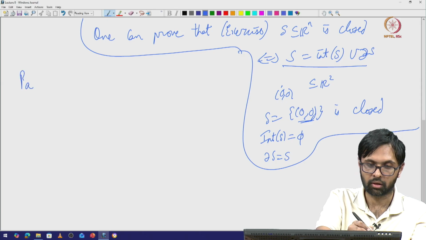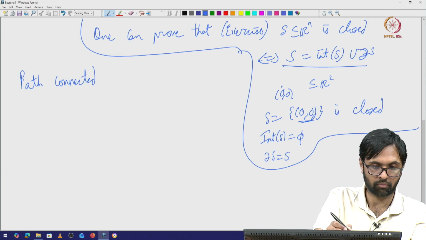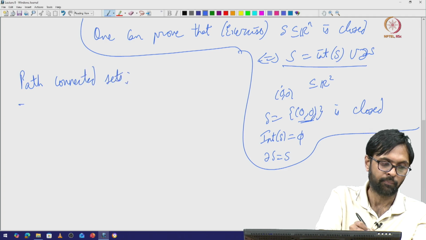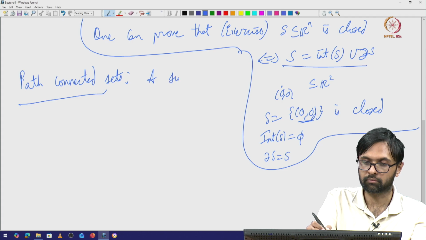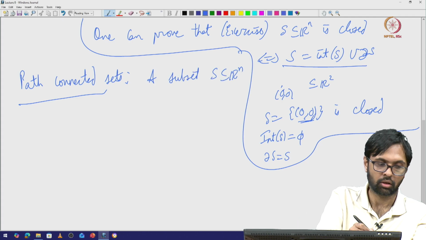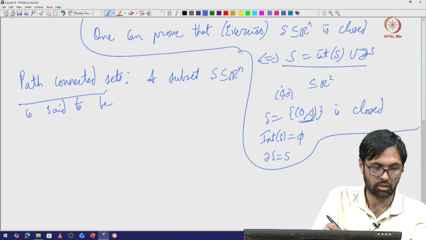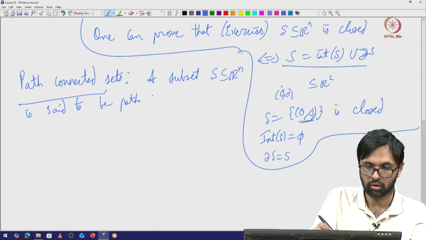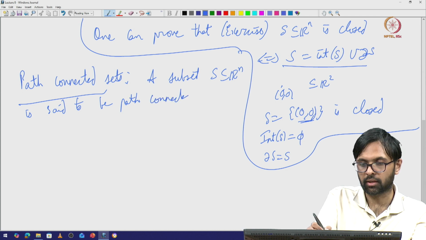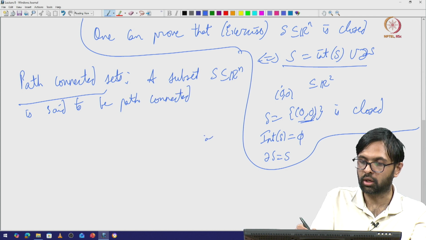So path connected sets. A subset S of R^n is said to be path connected if, as the name suggests, there is a continuous path from a point within the set to another point within the set that lies entirely within the set.